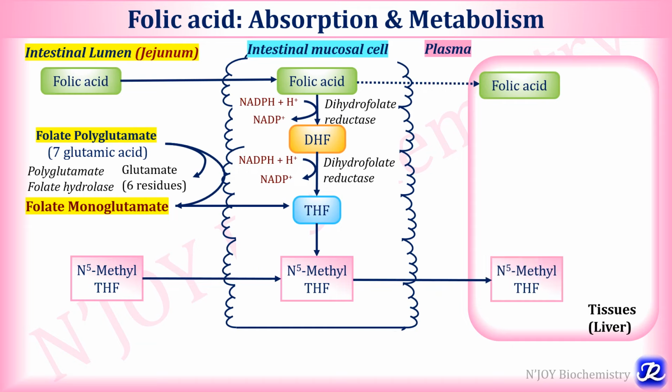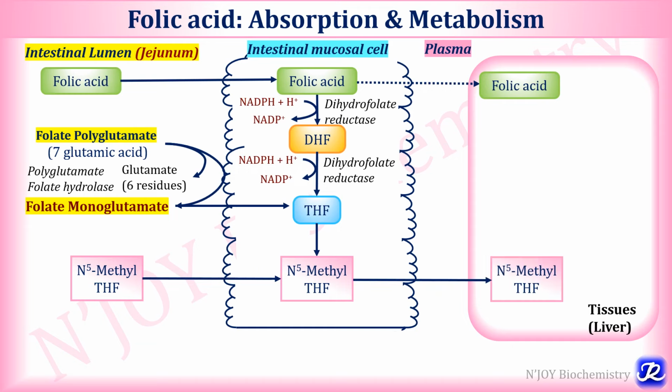It is the carrier of 1-carbon groups. Now what are those 1-carbon groups? The various 1-carbon groups are methyl group, methylene group, methinyl group, formyl, formimino and hydroxymethyl group. Now all these 1-carbon groups are carried by various tetrahydrofolates.